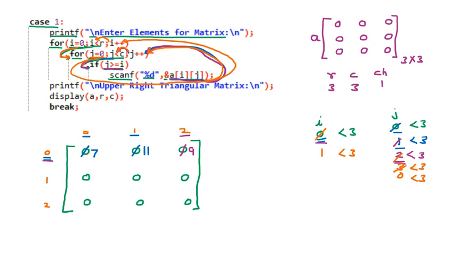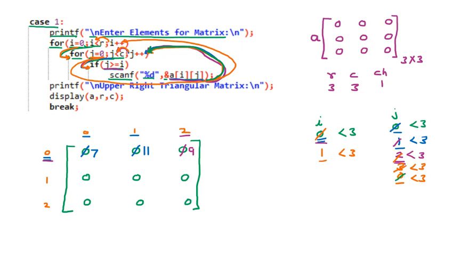Coming down. Is j greater than or equal to i? Is 0 greater than or equal to 1? No, 0 is less. So the if part will not run this time, and it will go back. Without running it, it is going back to the inner for loop and j++.